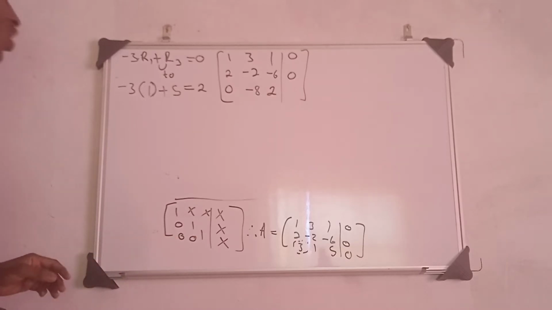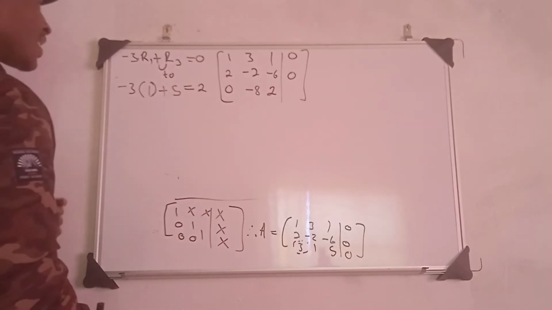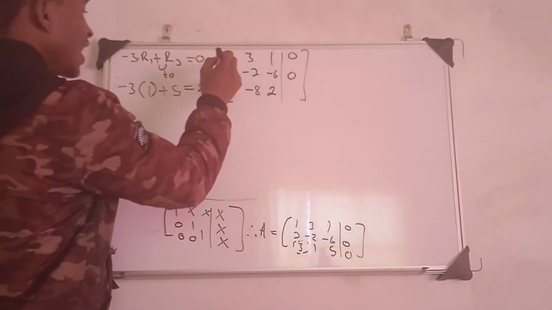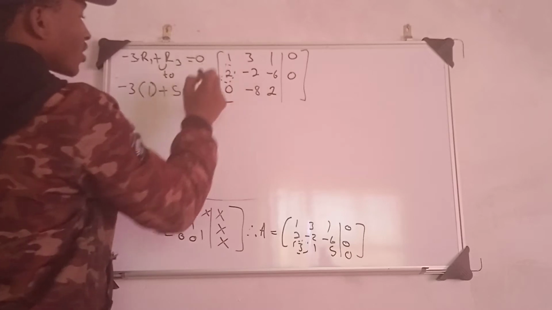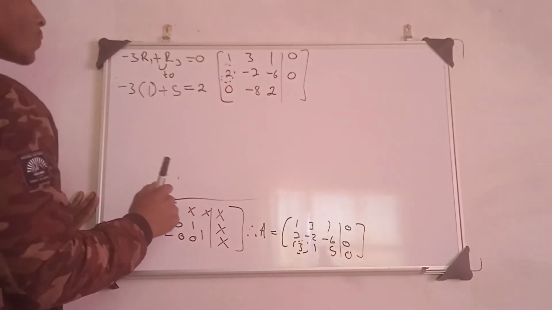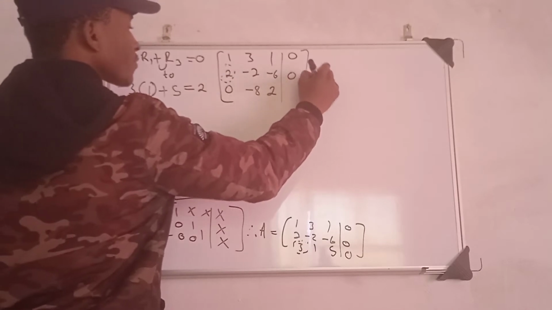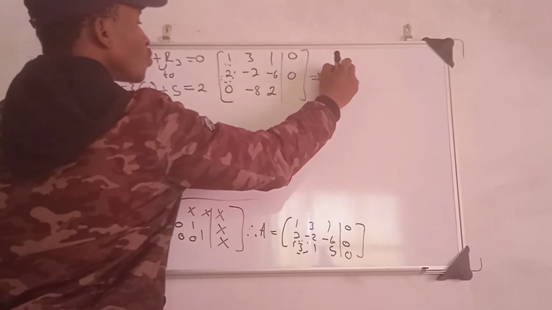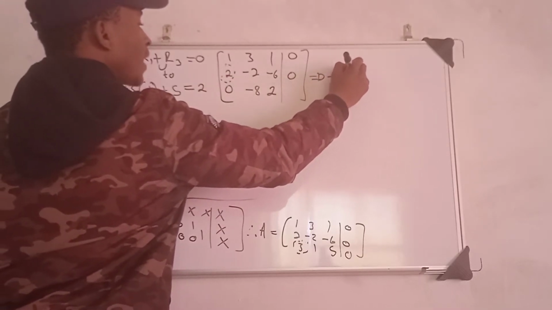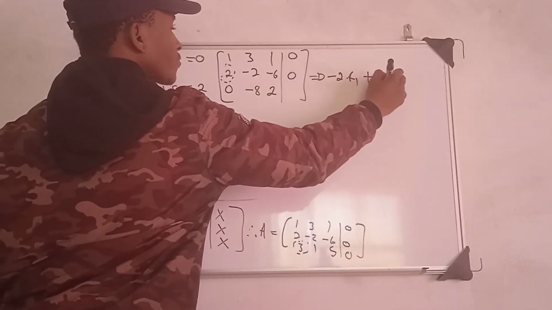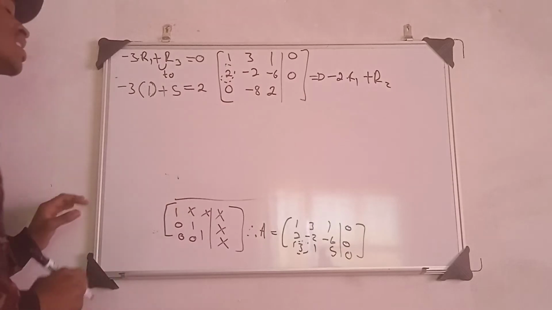But I can convert something again so that I get 0. So let me target this 2 this time around and make it 0. If we check row 1 and we say minus 2 and multiply it by row 1 and add it to row 2, on this entry we'll get 0.